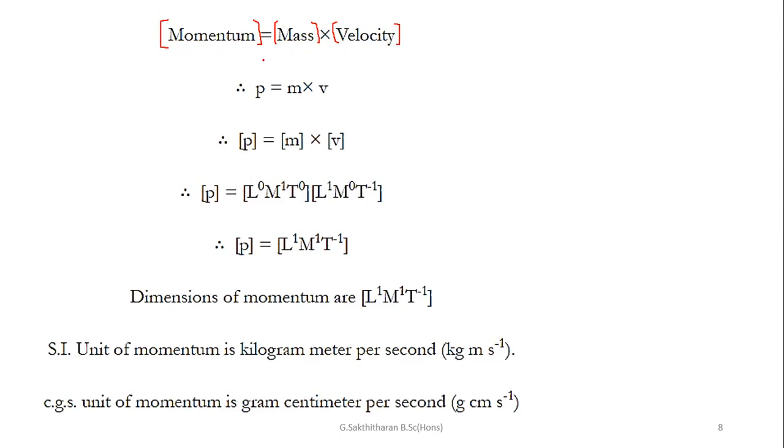We know the dimension of the mass is capital M and the velocity is LT minus 1. Finally, we get the dimension of the momentum as MLT minus 1.